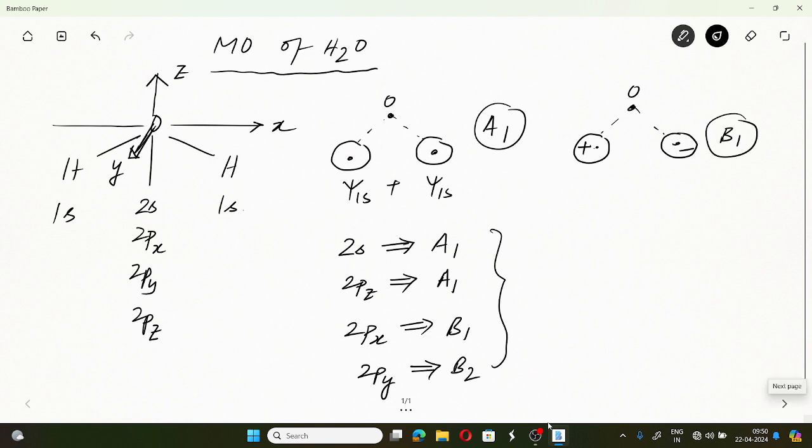So how to do it? See, if you want to construct this MO, suppose this is the energy axis. Suppose this is the 2s of oxygen, and these are the 2p orbitals. Obviously, they are degenerate, of oxygen.